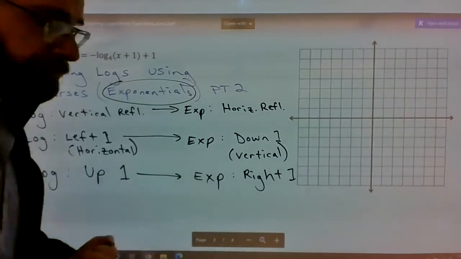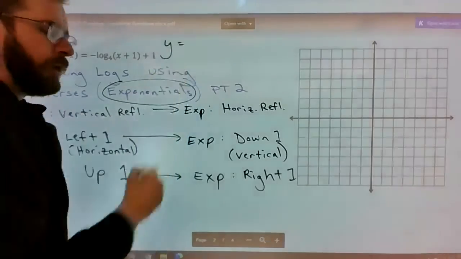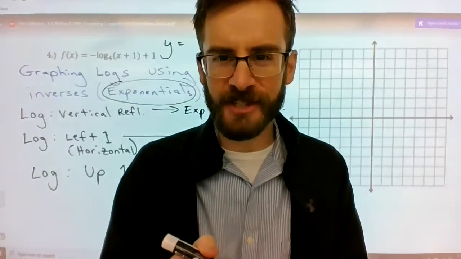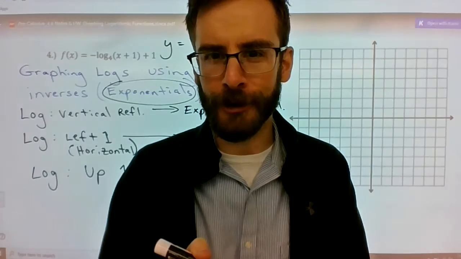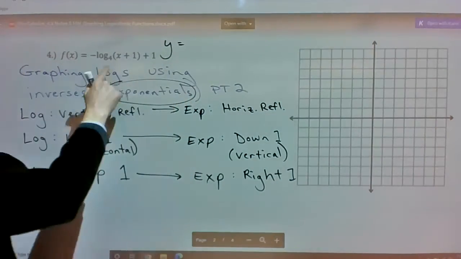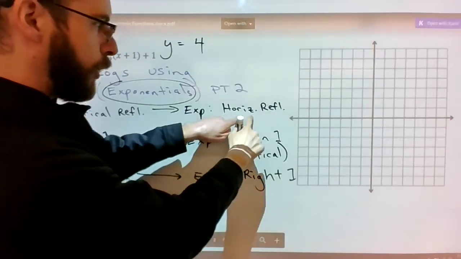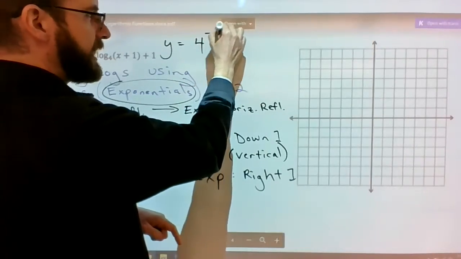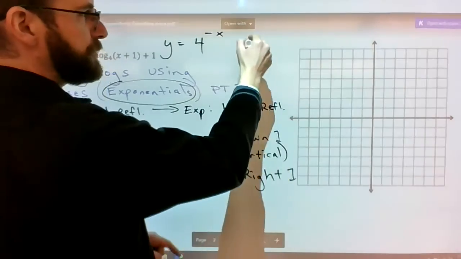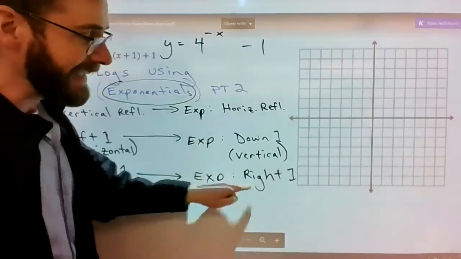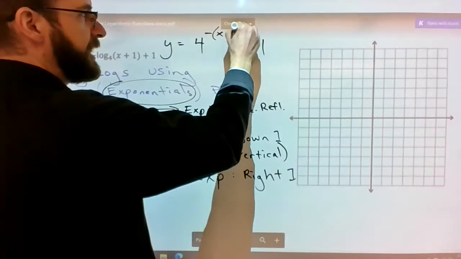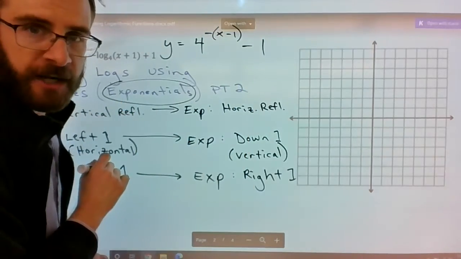What does this exponential function look like? Well, good thing we talked about that earlier in this chapter. It's got a base of 4 for the log, so it's got a base of 4 for its exponential. It's got a horizontal reflection, which means you're going negative x. It's going to go down 1, which means you subtract 1 from the whole thing. And it's going to go right 1, which means we've got this structure inside of our exponential.